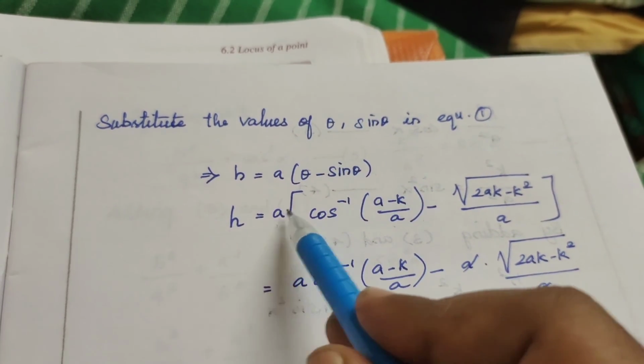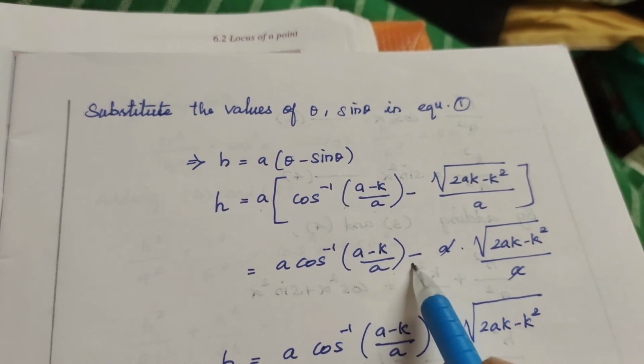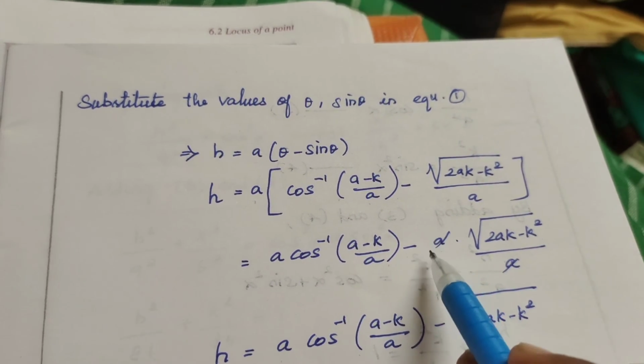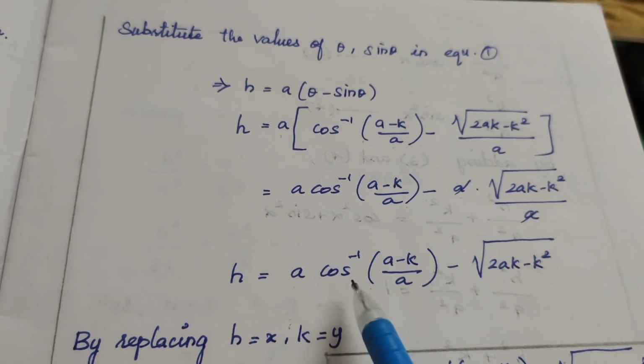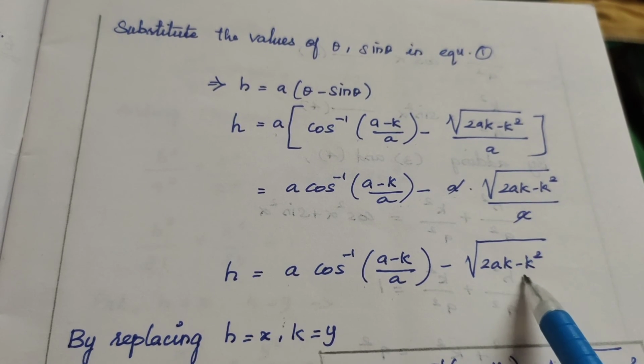Then take this a and multiply inside, that becomes a into the first term minus a into the second term. Here we have a common factor, so we cancel it. Then h equal to a into cos inverse of (a minus k by a) minus root of (2ak minus k square).